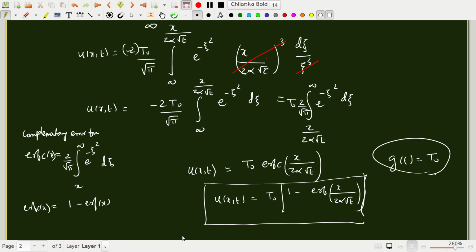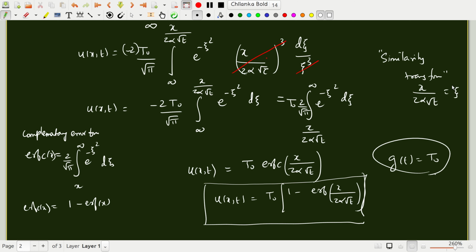Now one important comment that I would like to make is that in transport phenomena, you solve this problem of unsteady conduction in a solid or unsteady diffusion in mass transfer using the method of what is called similarity transform, where you use a clever combination of variables, where you say that x by 2 alpha root t is zeta, and you use this variable to convert the PDE to an ODE.